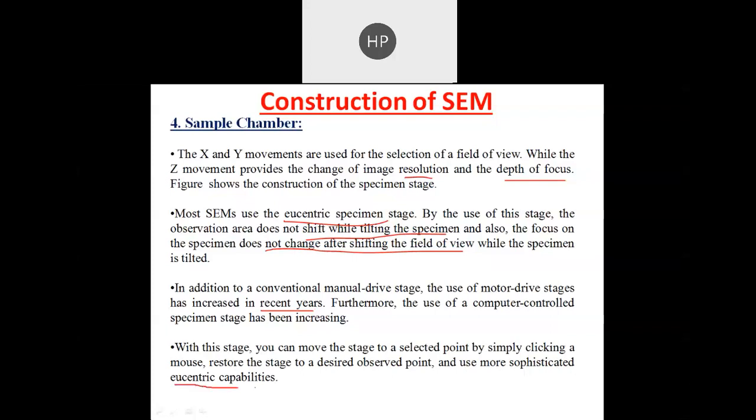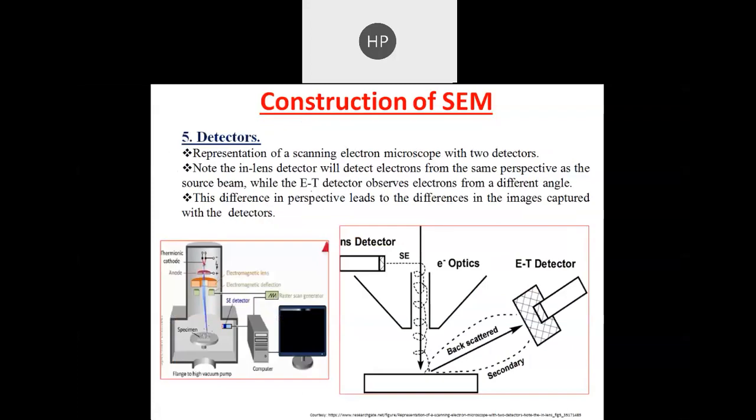So this is how you can control the movement of a sample chamber. So this is how the sample chamber provides easy locating of the specimen at the desired location. Then the next component of the SEM is detectors.